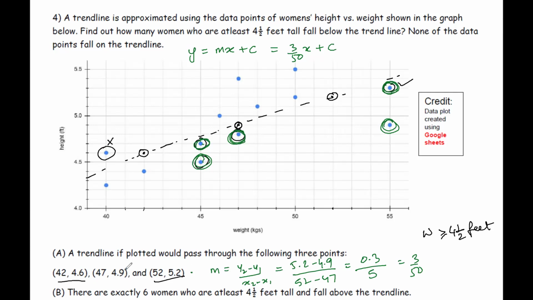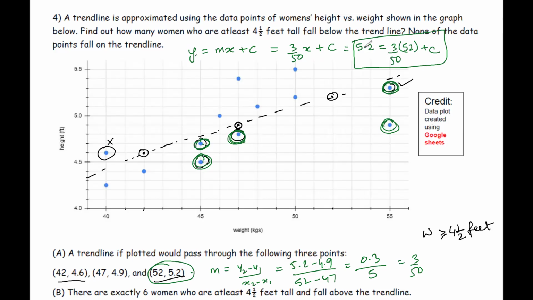So I'll plug in this 52 and 5.2 in this equation. So y is 5.2 equals 3 by 50 x, x is 52, plus c. So using this, we calculate c and then we get an equation.